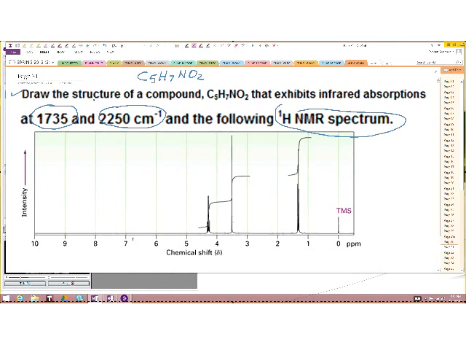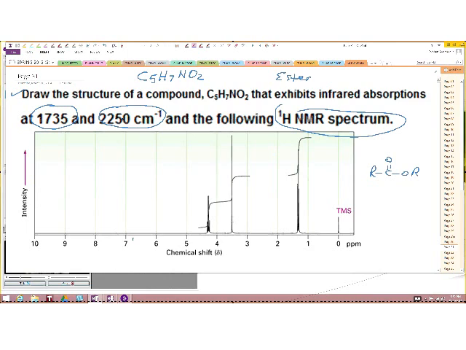Okay. So anytime you see 1735 wave number in an infrared spectrum, what that tells you is that you have an ester. Okay, so right away you know that you have this type of functionality in the molecule.